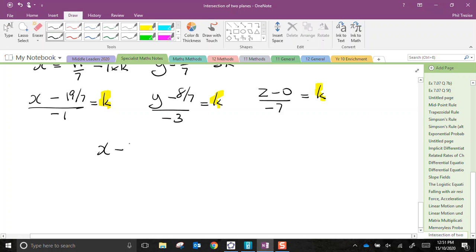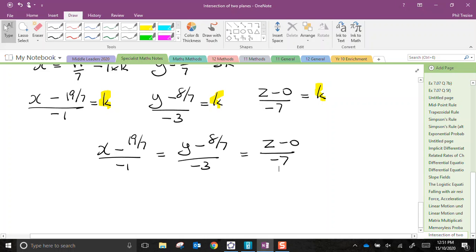So the Cartesian form: x minus 19 over 7 over negative 1, equals y minus 8 over 7 over negative 3, equals z minus 0 over negative 7. We could tidy that up a little bit if you wanted to, but really not that necessary. So that gives me the intersection of the two planes.